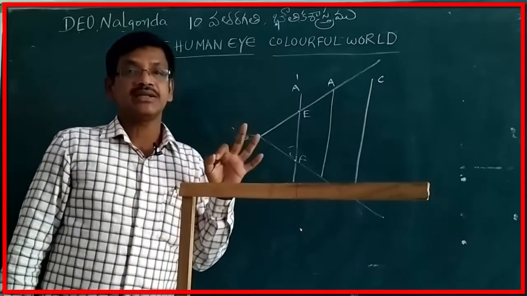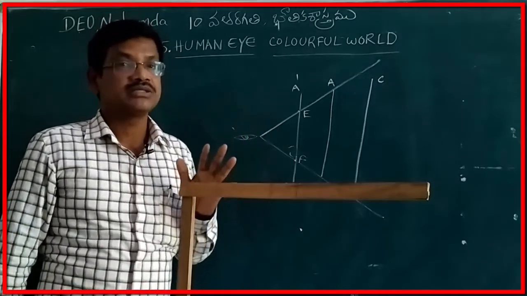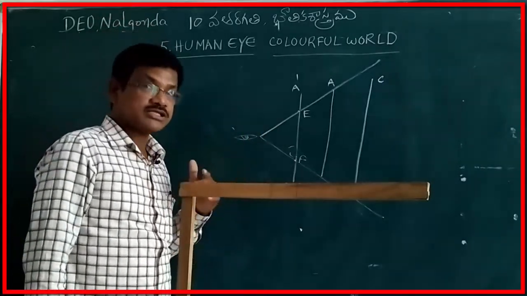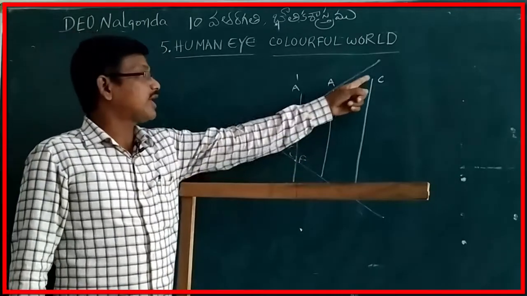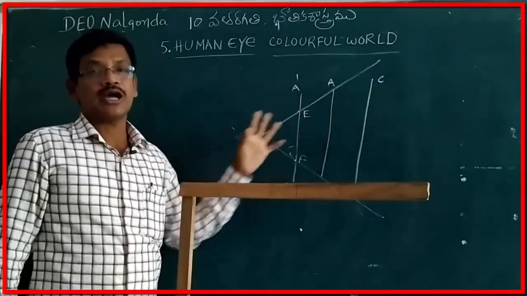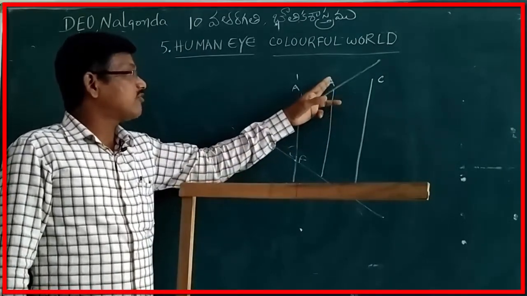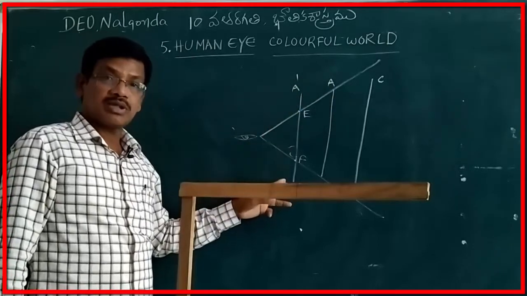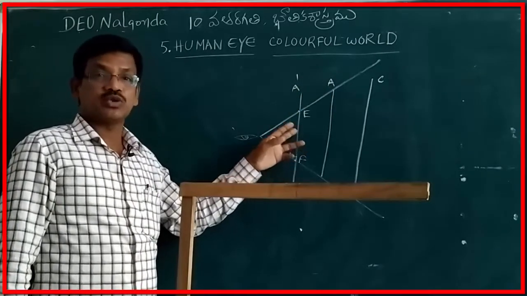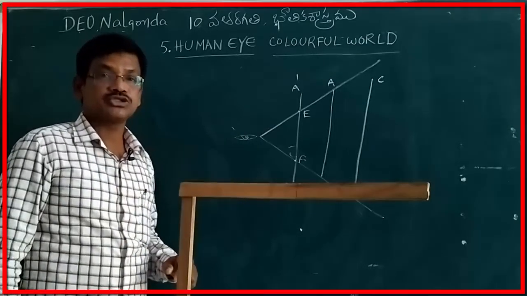Otherwise, we can see some part of the object, not the complete object. So that is because when the rays coming from the endpoints of an object reach our eye, it appears in the eye, and when the rays coming from the top and bottom of an object do not reach the eye, the object will not appear.